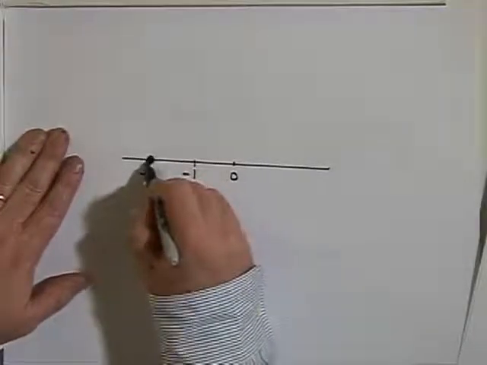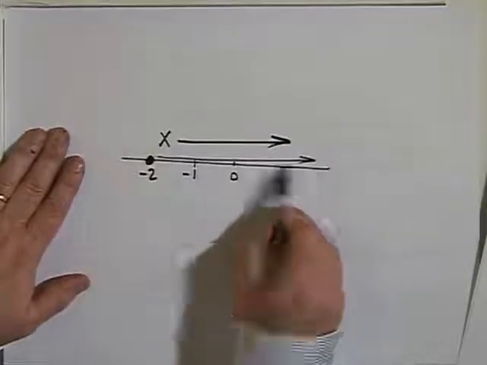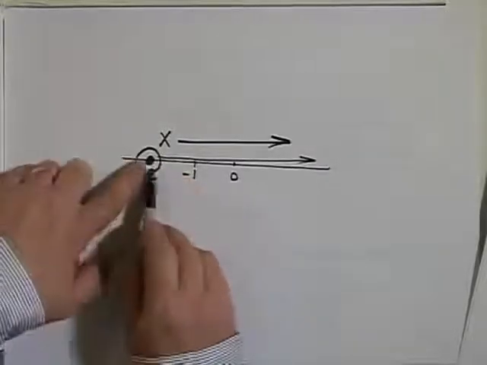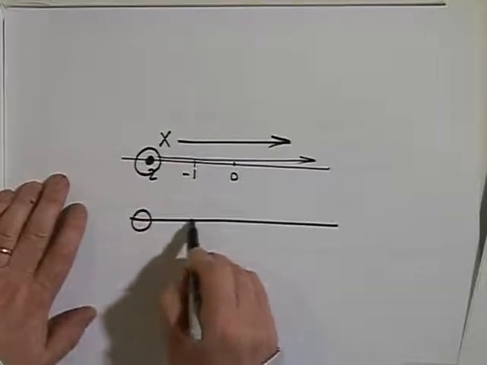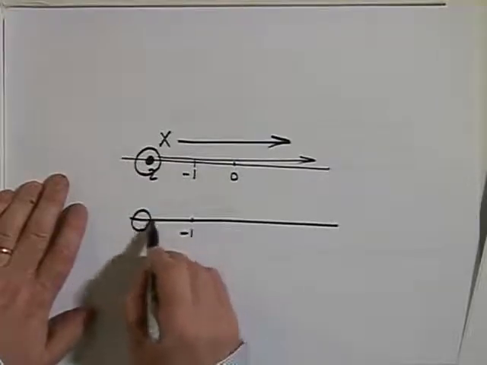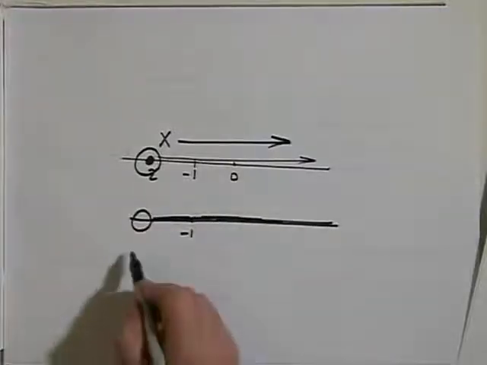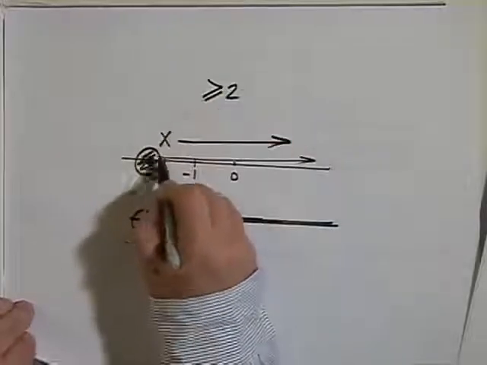So x here is anywhere greater than this. In fact, the way they draw that is they would not include the 2 in there at all. They would draw it like this, minus 1, because the 2 isn't included. Greater than minus 2. If it was greater than or equal to, you'd actually fill that in as well.